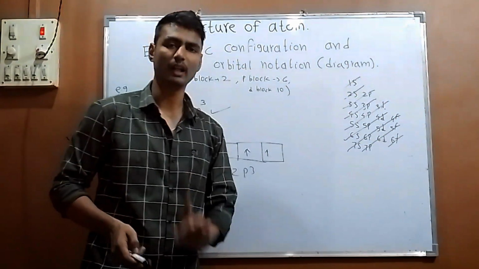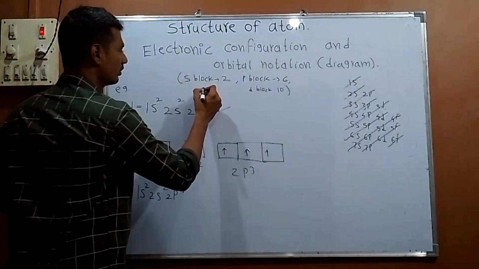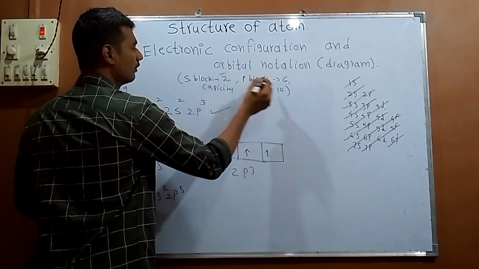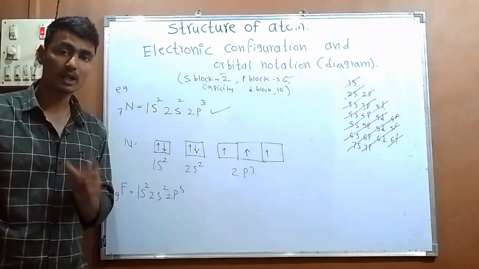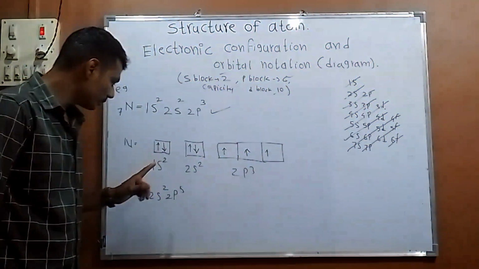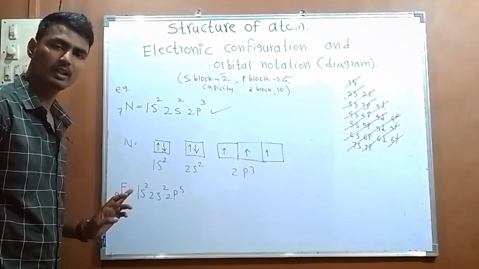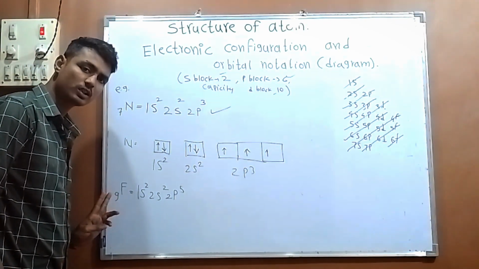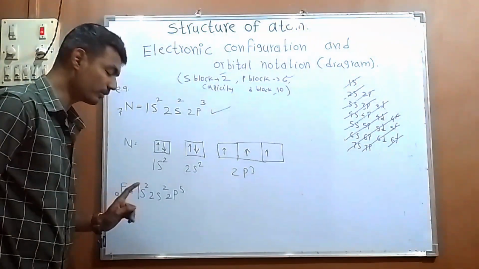And the capacity of each block is: s block is 2, p block is 6, d block is 10 and f block is 14, the capacity to acquire electrons. So 1s will hold only 2, 2s will hold only 2. Now how many remain? Only 5, because our atomic number is 9, meaning the number of electrons is 9. So 2 plus 2, 4 plus 5. This is the electron configuration for fluorine.